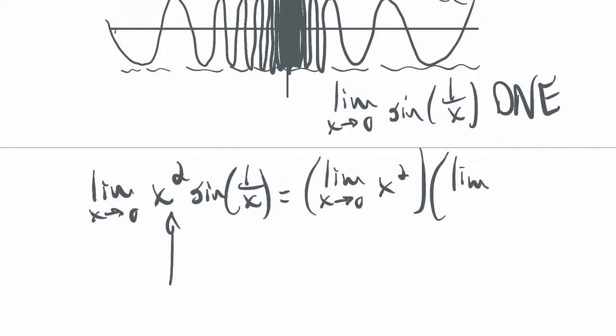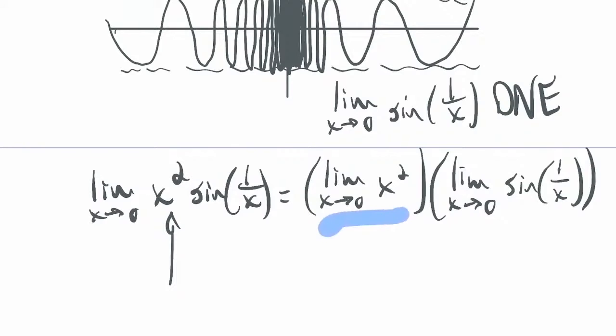There is a product rule for limits. But, and some of you might already have in mind what I'm going to say, the product rule only applies when the two individual limits exist. So the left one does: the limit as x goes to 0 of x squared is 0. True. But this one does not. We just got done talking about this.